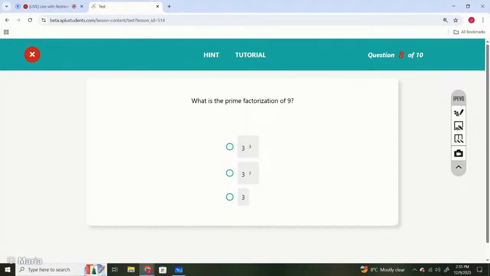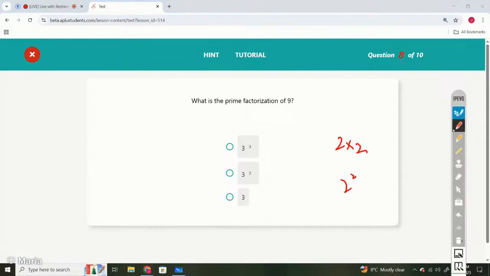What is the prime factorization of 9? That is 3 times 3. We can write 9 as 3 times 3, and in exponent form we can write it as 3 squared.